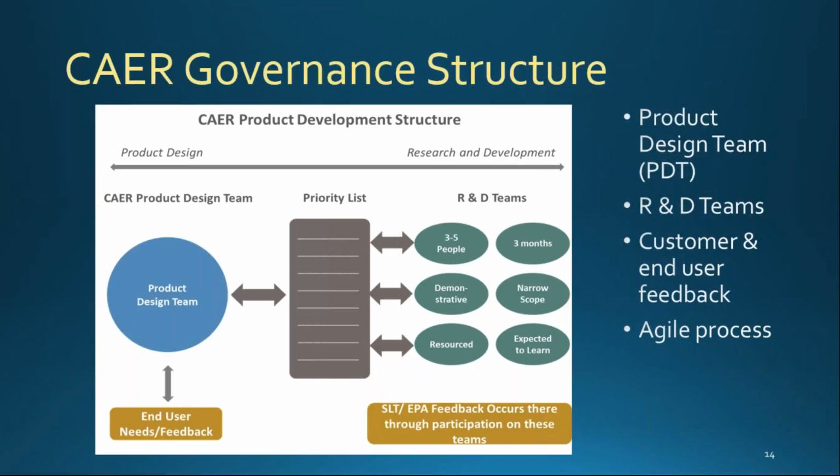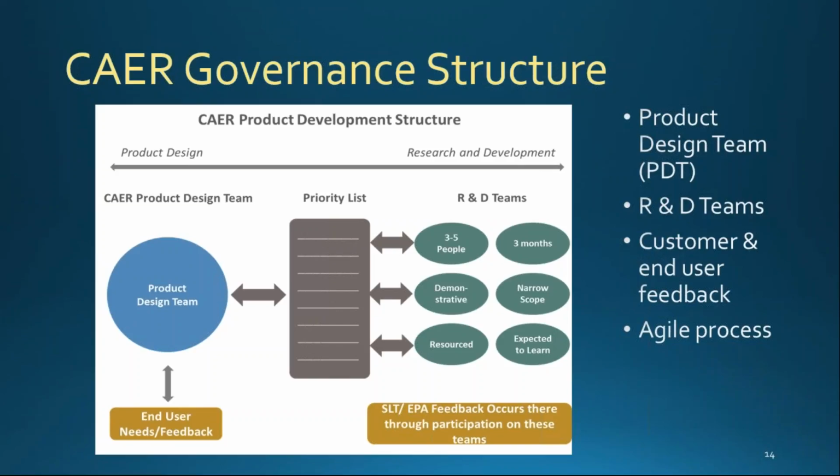These are going to be the people that keep their eye on the bigger CARE future state, and as smaller projects are being done, seeing that they all build towards that future state. You'll see here a priority list. The priority list is those smaller projects that can go ahead and build towards that larger future state.